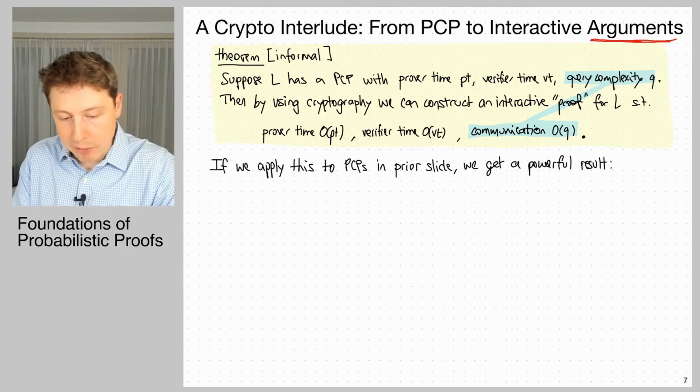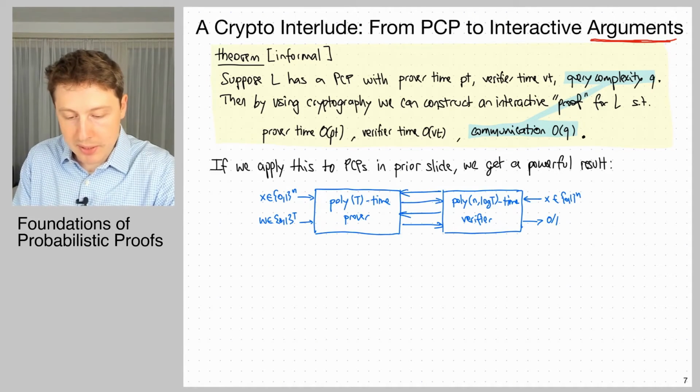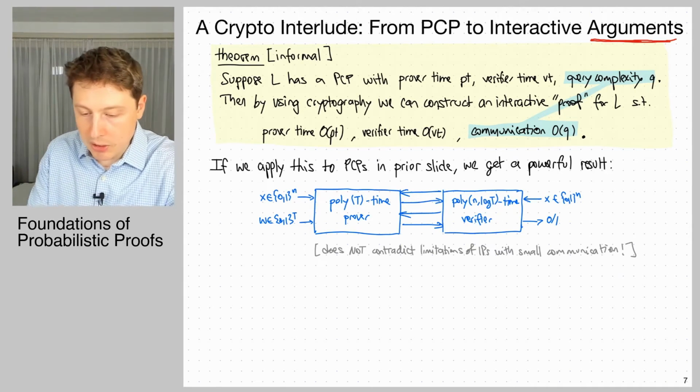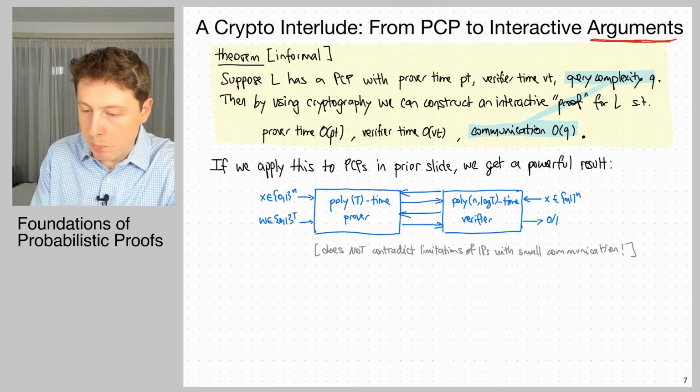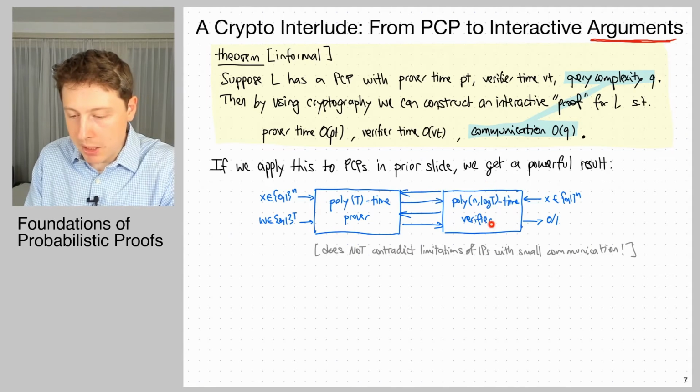So in particular, if we apply this PCP to the prior slide, we get a very powerful result. You get an interactive argument. Now this is two entities just chit-chatting in a normal way. Send a small message, send a small message, send a small message. How small? Polylog, right? The prover runs in poly t time, and the verifier runs in polylog t time.